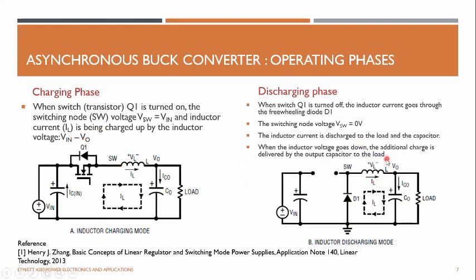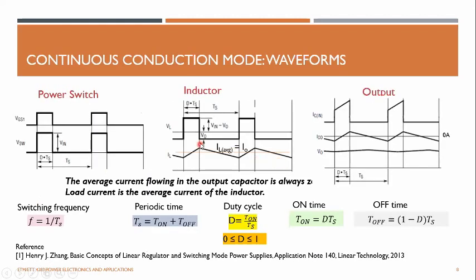Now we have minus V out voltage across the inductor. The negative voltage across the inductor, minus V out, will push the inductor current back toward 0, but it never goes to 0, and immediately in the next cycle it turns on, allowing the inductor current to ramp up.